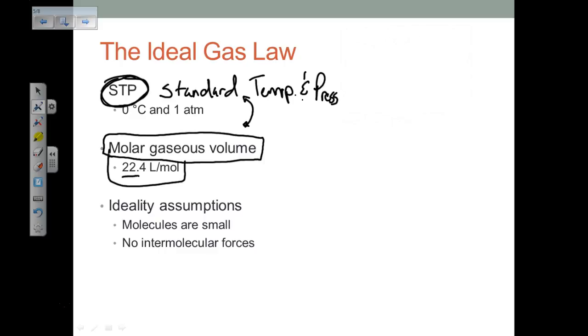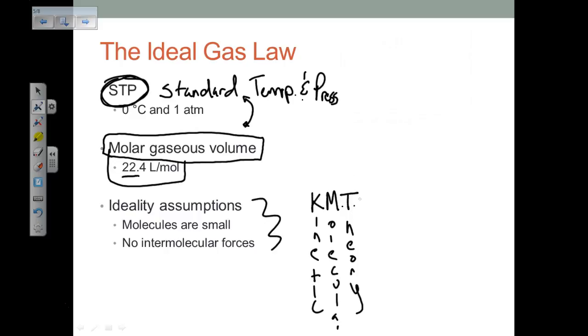Now, there are some assumptions that we make when dealing with ideal gases, and these are important. There's something called the kinetic molecular theory. We call it KMT. So it's kinetic molecular theory.